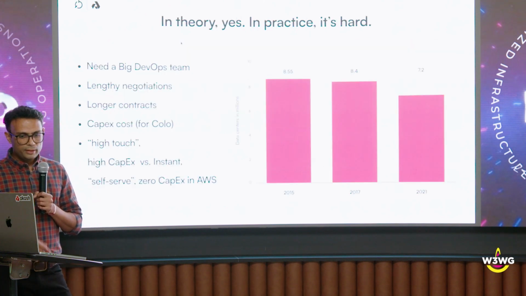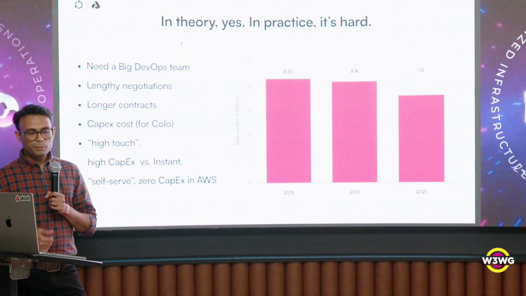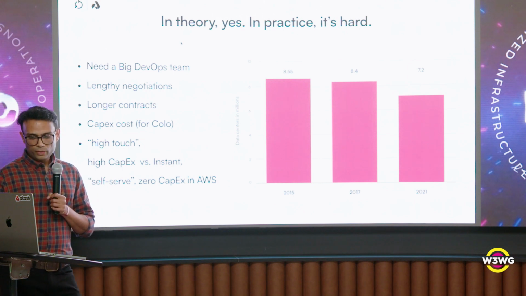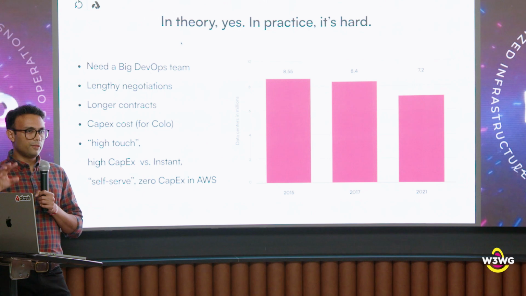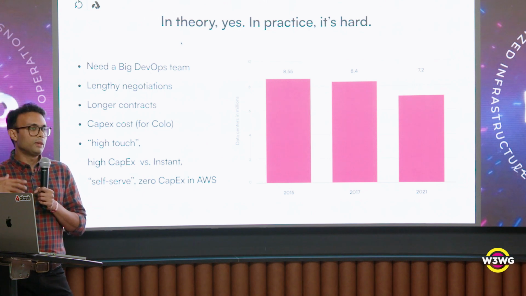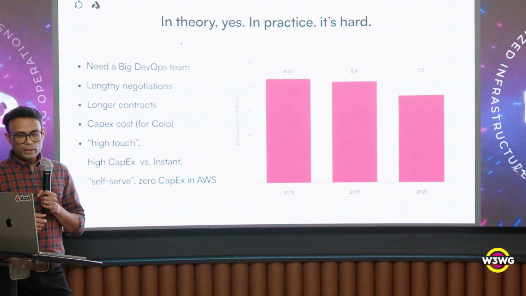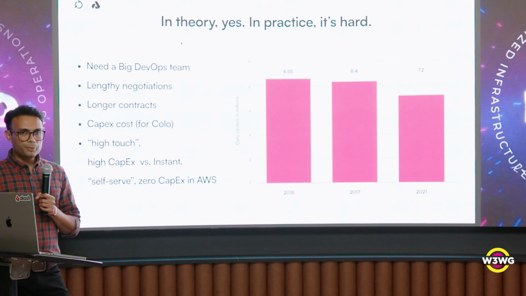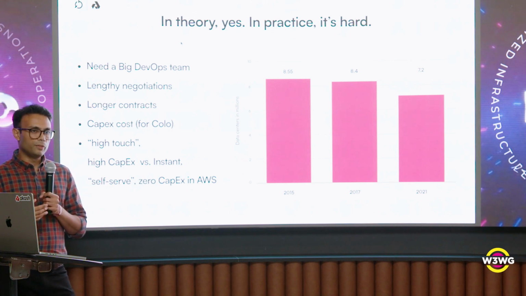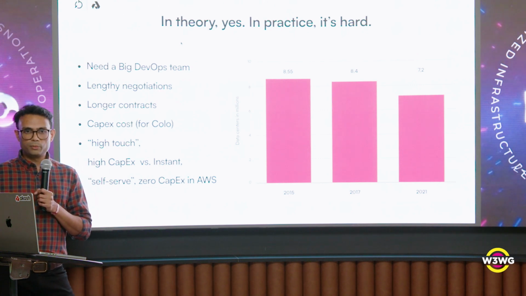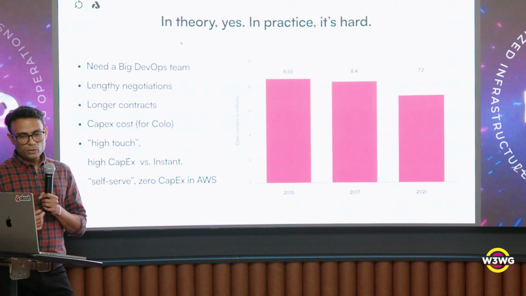The reason it doesn't work in practice is because, number one, if you're a tiny startup trying to deploy applications across multiple different entities owning this infrastructure, you need a fairly sizable DevOps team. You need a team that's capable of understanding how to deploy onto provider 1, onto provider 2, onto provider 3, and so on and so forth. And that's not something that a small team can afford.